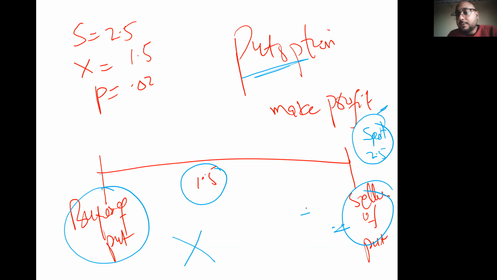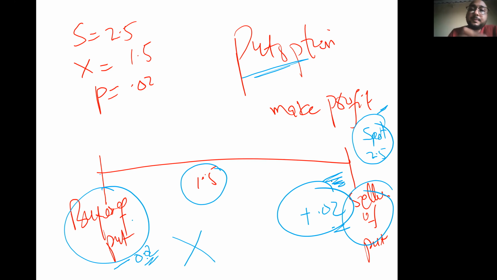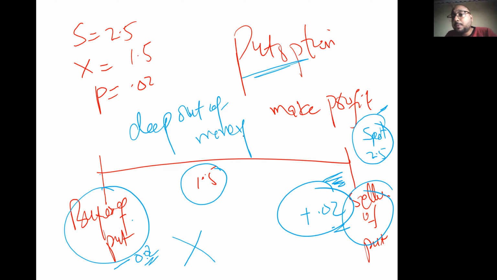He will receive from the buyer this 0.02 a dollar. That's it. So that is the maximum profit. If you are in a deep out of money put option, how can you make profit? By selling the put option.